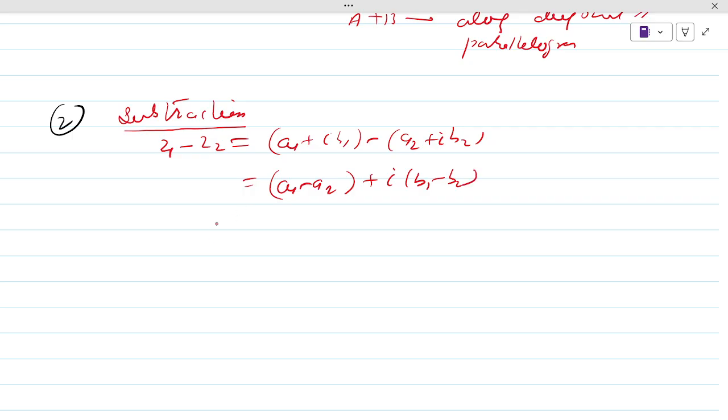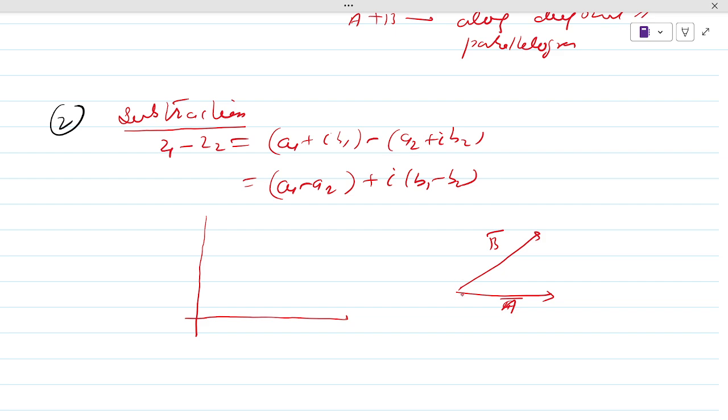Pretty easy. But geometrically, this is the same as with vectors. Let's say we have vector A and vector B, and we want vector A minus B.